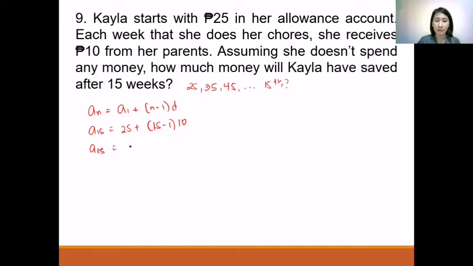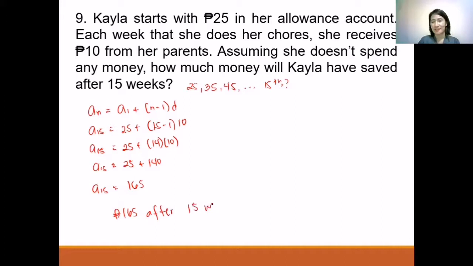A sub 15 is equal to 25, parenthesis first, so you have 14 times 10. Then we'll have 25 plus 140. Therefore, A sub 15 is 165. Therefore, Kyla was able to save 165 pesos after 15 weeks. And that is the answer.